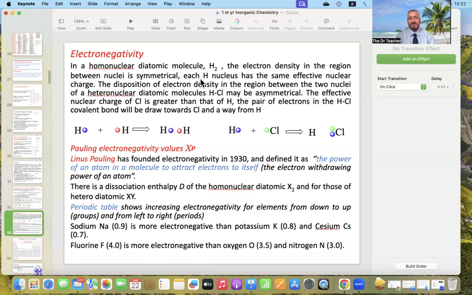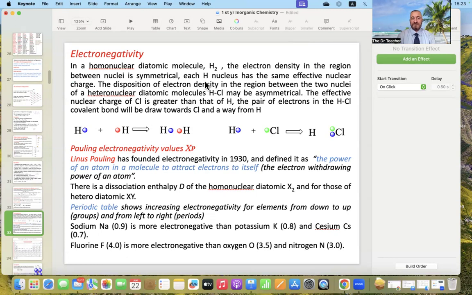The distribution of electron density in the region between the two nuclei of a heteronuclear diatomic molecule like HCl may be asymmetrical.